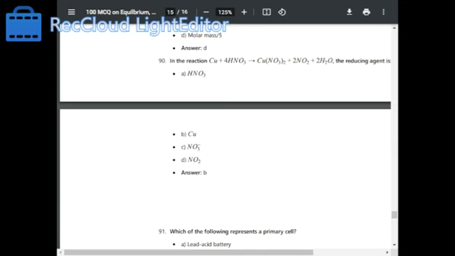The correct answer is B, Cu. So option B is correct.